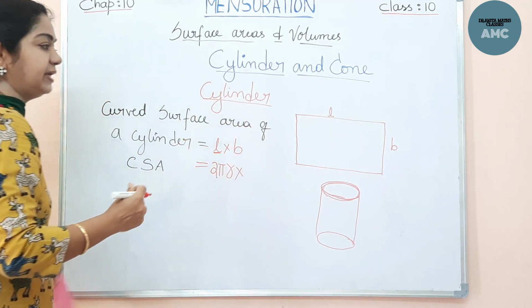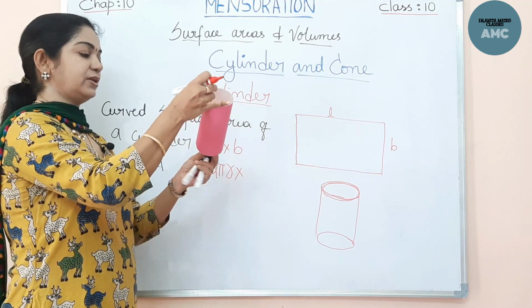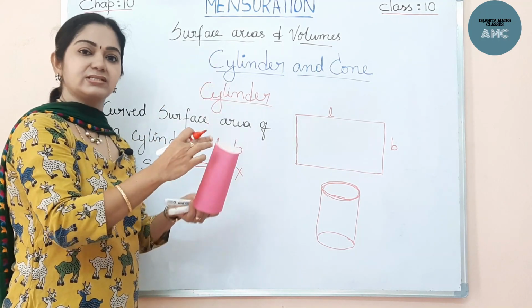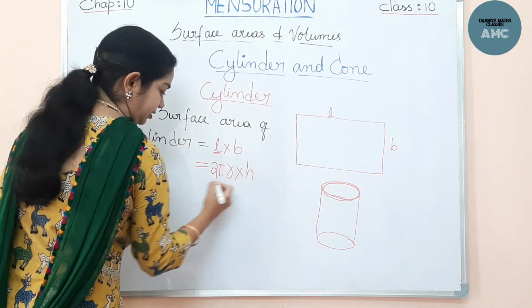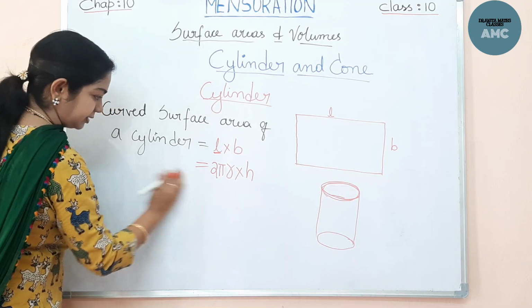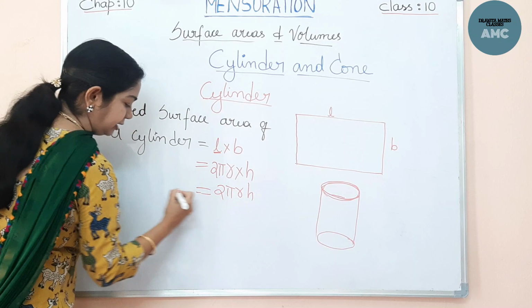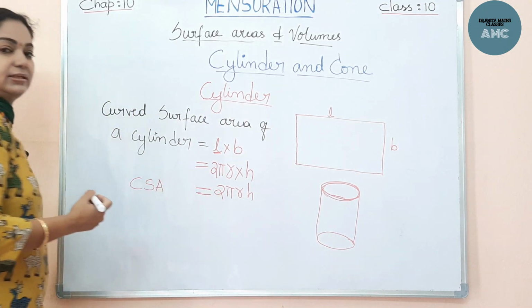Now what is that B? Here B is this part. When you roll it, it becomes the height, just the height of the cylinder. So instead of B, we will write H, right? Now this forms the CSA. 2 pi r H is the curved surface area of the cylinder.